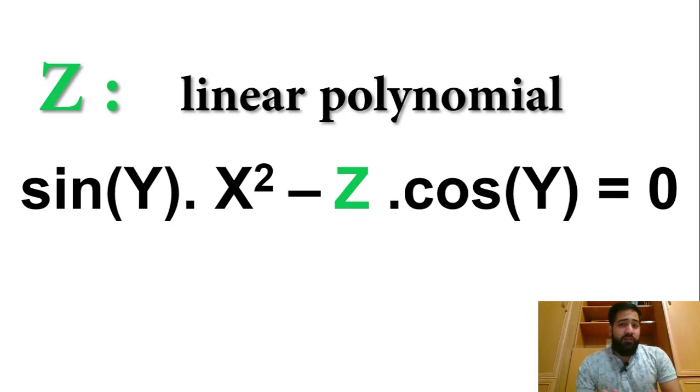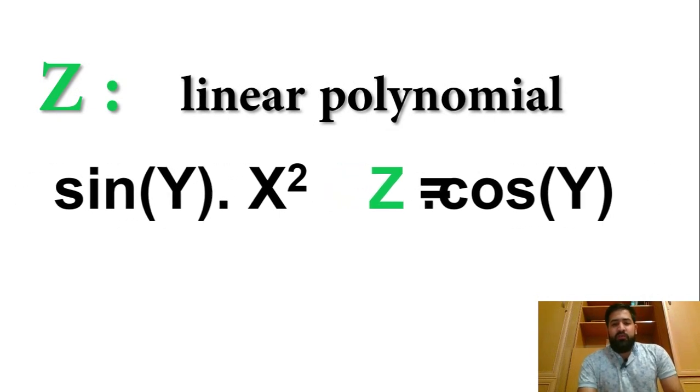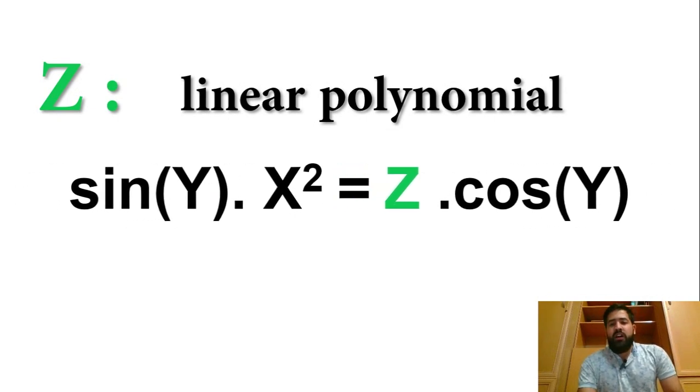How do we solve it? We can simply use the formula for a linear polynomial, or we can solve it directly, so you don't forget the formula. Here we put the z cosine of y on the right side of the equation, and then we move the cosine of y to the left side, turning the multiplication into division.